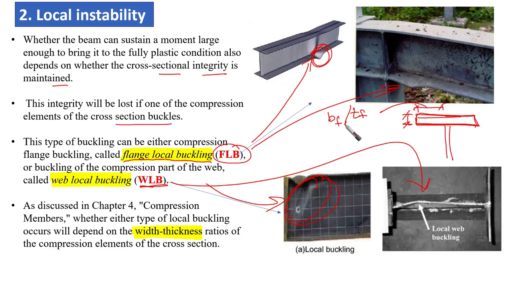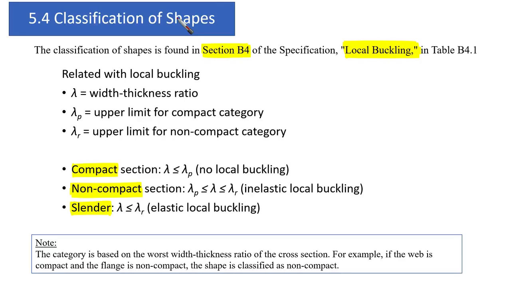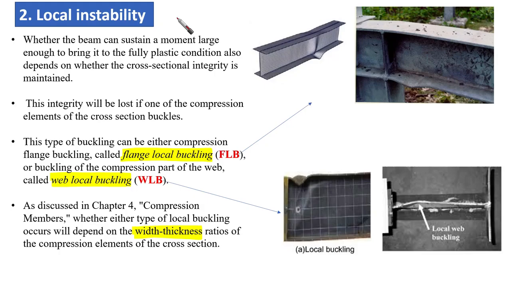If we're talking about half of the width of the flange, it is b flange over 2 t flange, which is the width over the thickness, and we do the same for the web. So the width to thickness ratio of the compression elements of the cross section is going to be used for controlling this local instability. Okay, so now I'd like to recap what I've said.